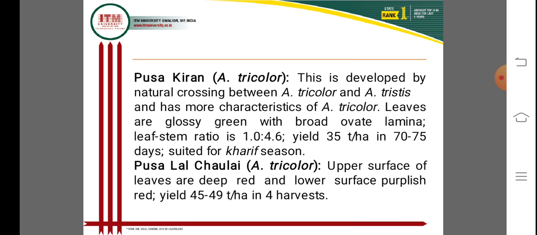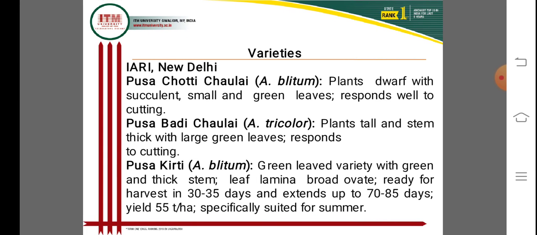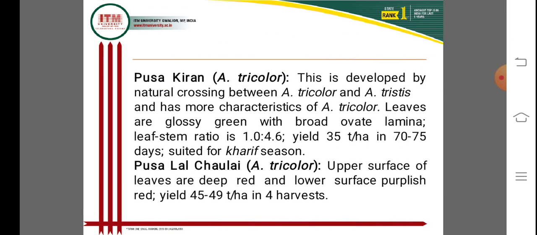Yield is 35 tons per hectare in 70 to 75 days, suited for the Kharif season. Pusa Kirti is a summer season variety, and Pusa Kiran is a Kharif season variety.